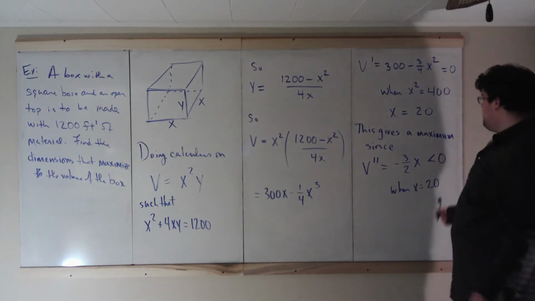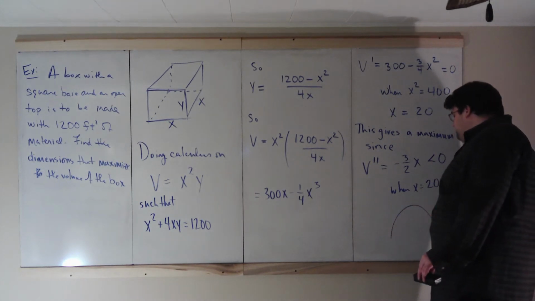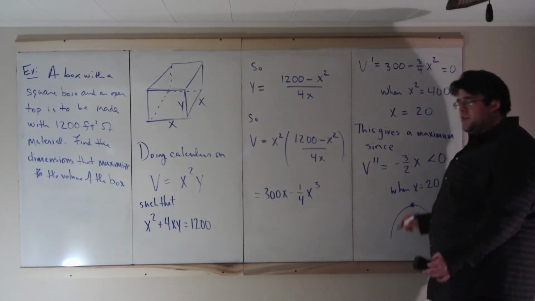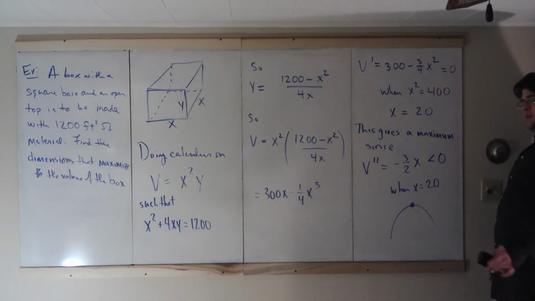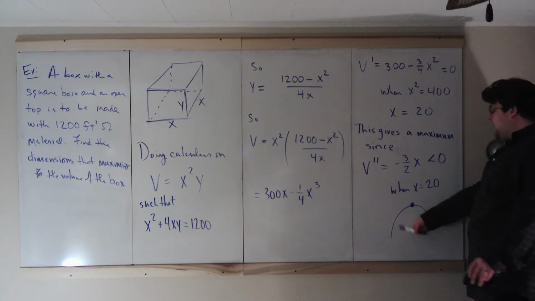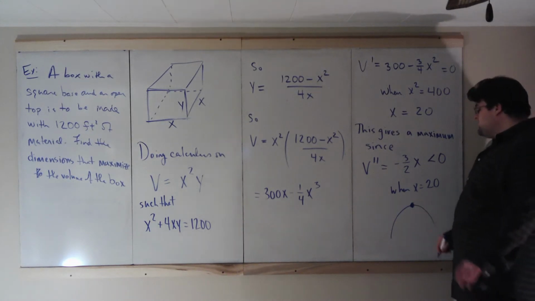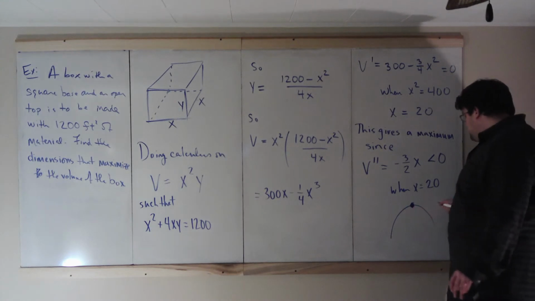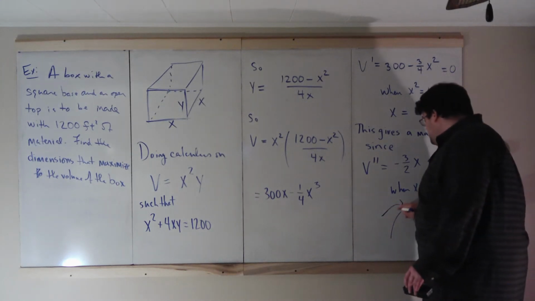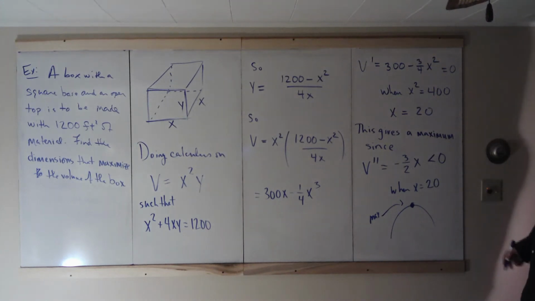Well, the second derivative being negative around this point tells us the function is concave down. But in particular, it tells us that the critical point is going to be at the top of a mound like that. So that means x equals 20 will give us a maximum.